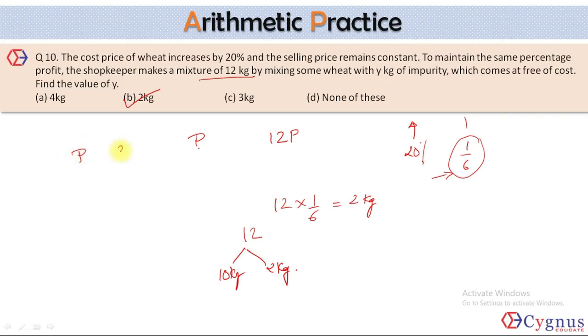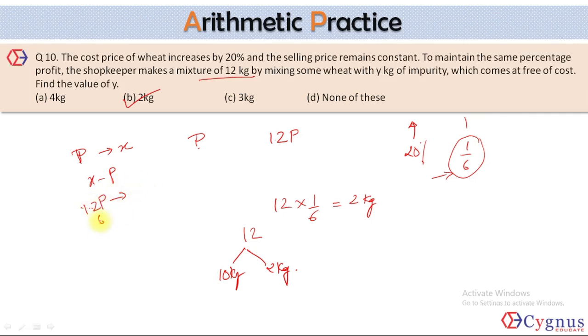If you don't get this one, you can assume that the cost price was P and the selling price was X. So what was the profit? X minus P. Now let's say the cost price is P, selling price is X. Now the price increases to 1.2P, and you want to get the same percentage profit.